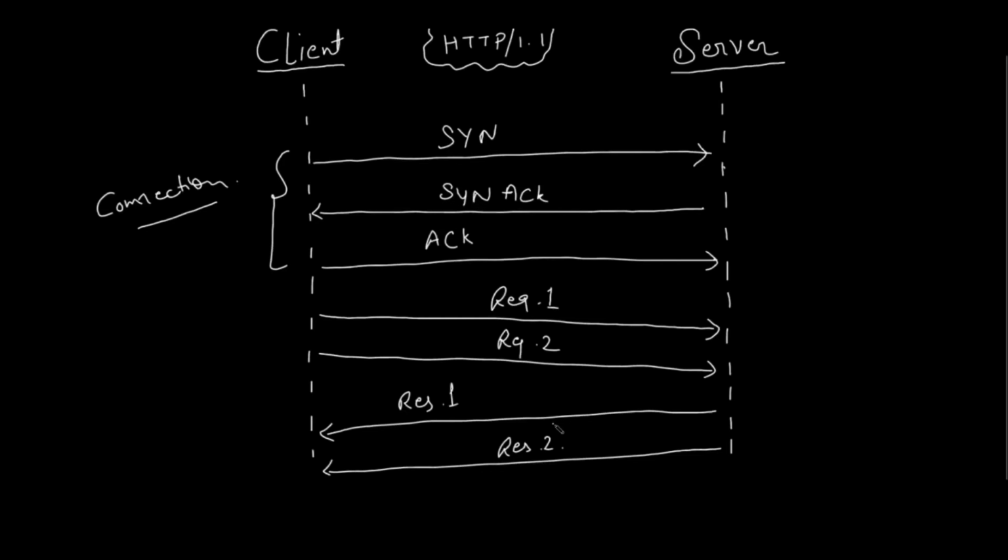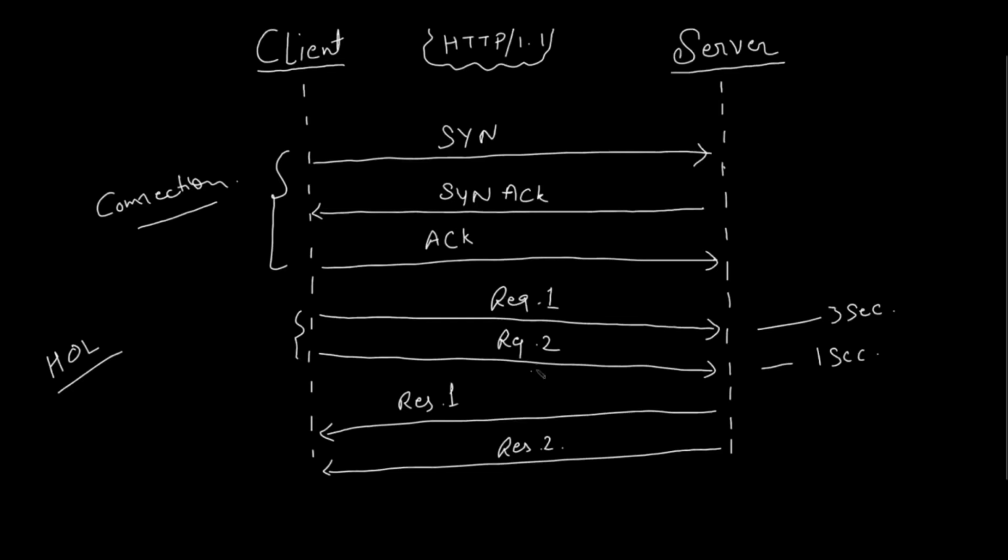But the concern here is that until we get the response of request 1, we can't receive the response of request 2. This is commonly known as head of line blocking. Let's say request 1 is taking 3 seconds to process and request 2 is taking 1 second to process, assuming both these requests are going almost at the same time.